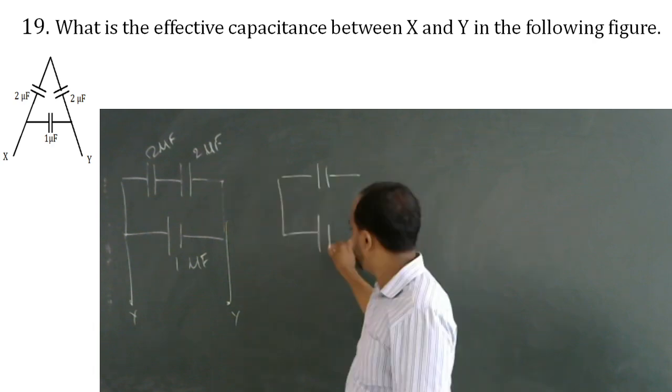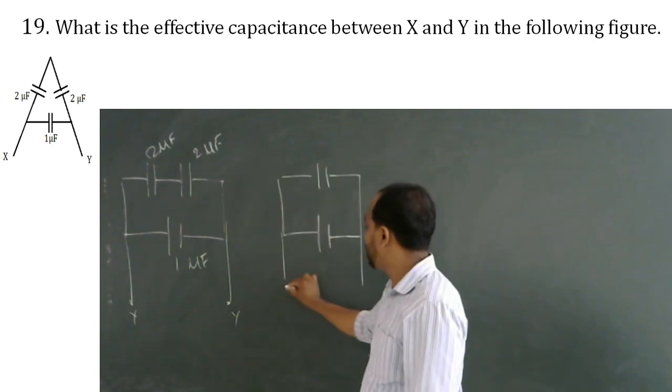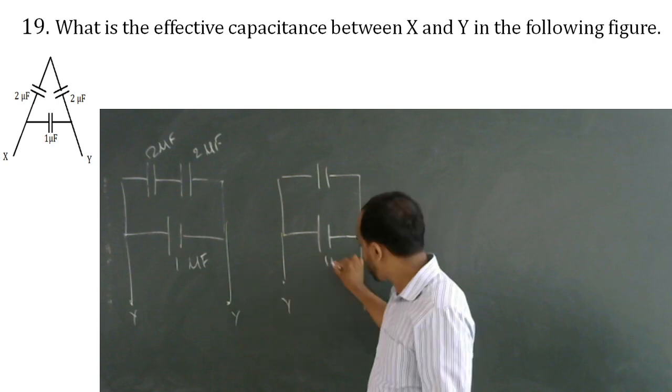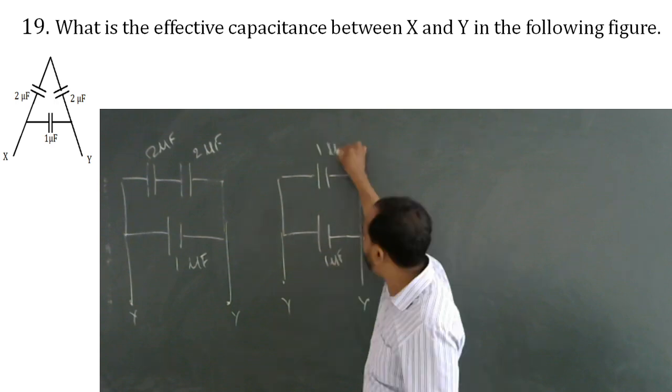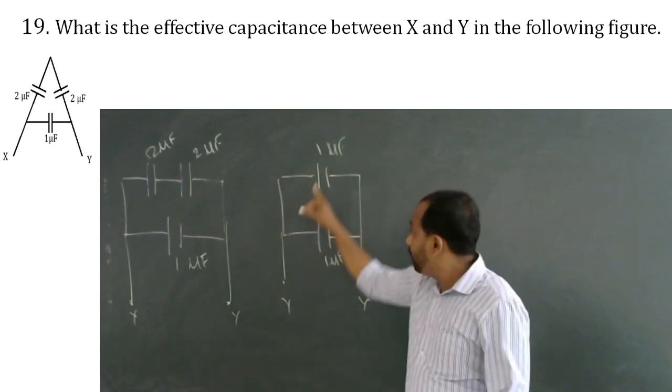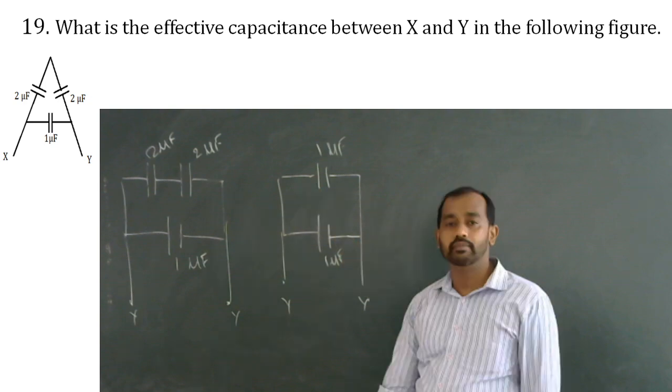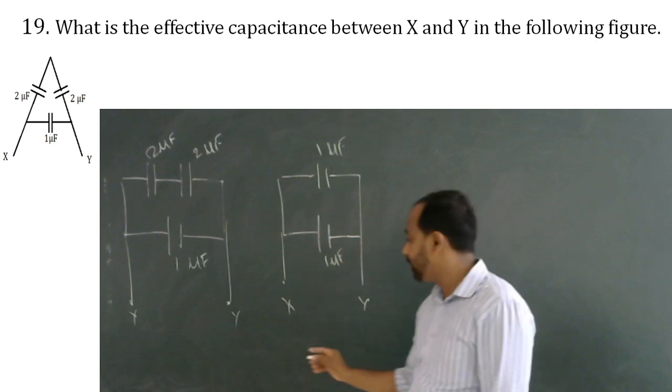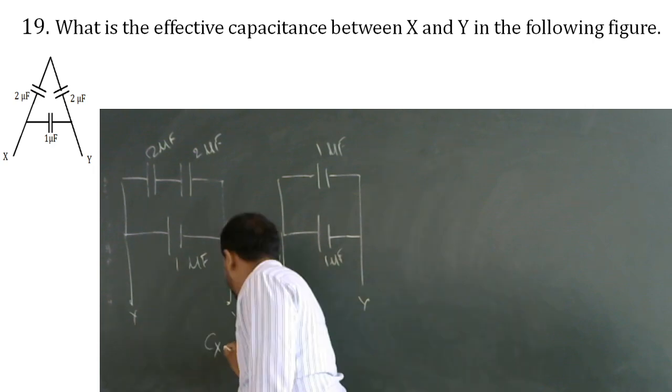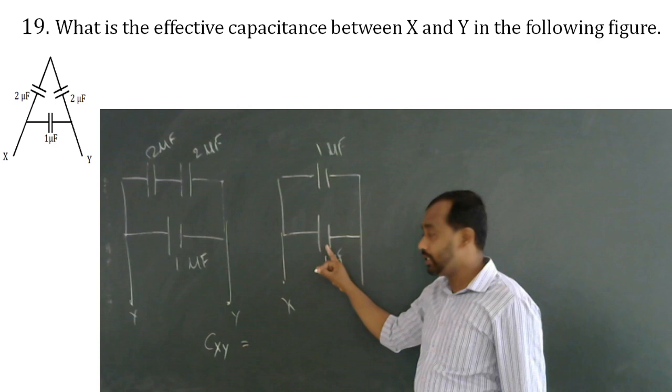Then the circuit will be reduced like this, X and Y. 1 microfarad here, and the series combination of these 2 will again be 1 microfarad. Then we combine these 2 which are connected in parallel, so 1 plus 1. Therefore the effective capacitance between X and Y, which I will write as CXY, will be equal to 1 plus 1 microfarad.